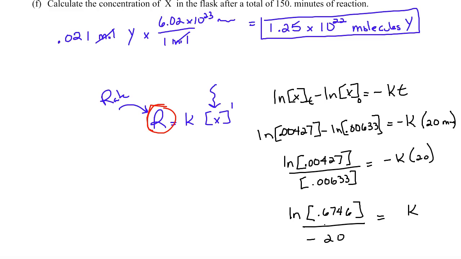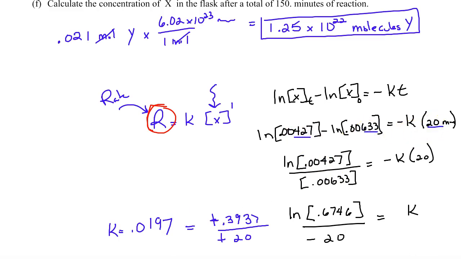If people want to check that I'm correct, the natural log of this is negative 0.3937, all over negative 20. Divide that by negative 20, and what you get is k equals 0.0197. I'm going to maintain 3 sig figs throughout the process.